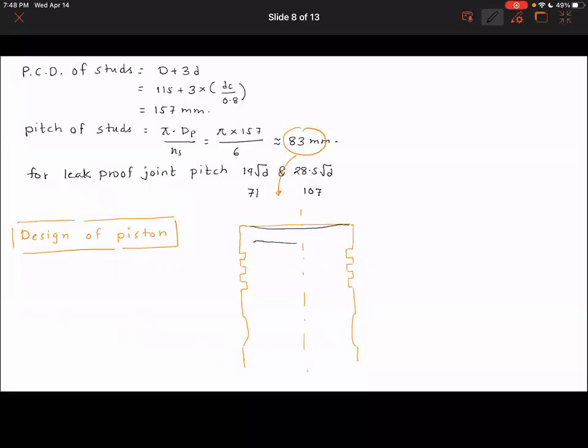Then you have this piston thickness. And then if you see here, there is this land, and then this is how the piston would look like.